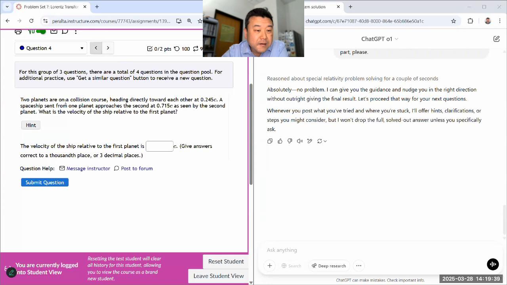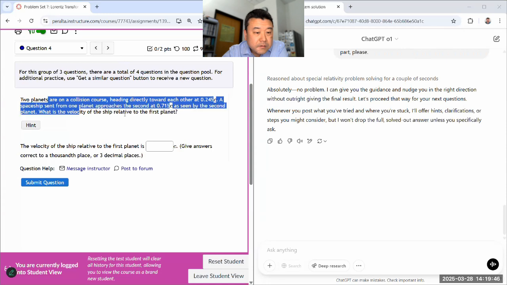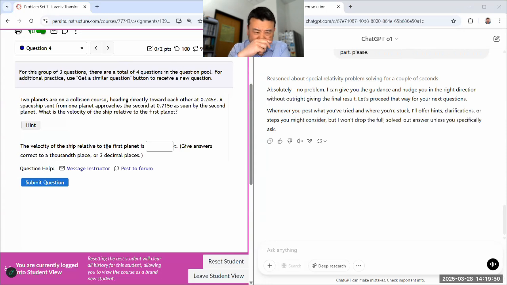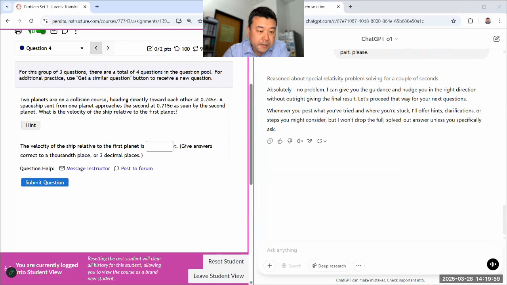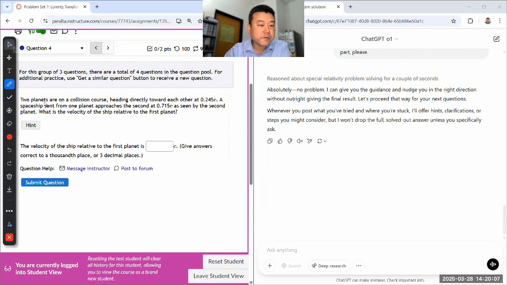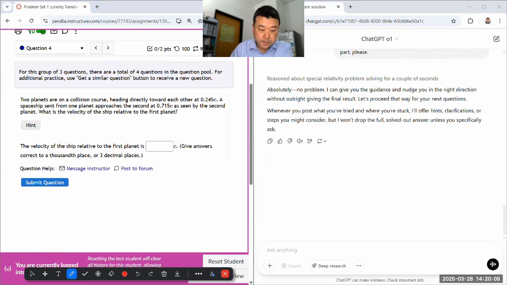I think questions 4 and 5 are similar, in that I don't think it's directly using the relative velocity formula. Let me see if I can try to sketch it out to see if I correctly understand what they are saying.